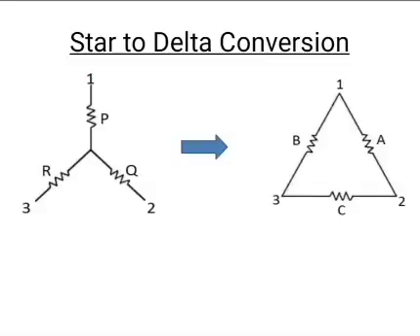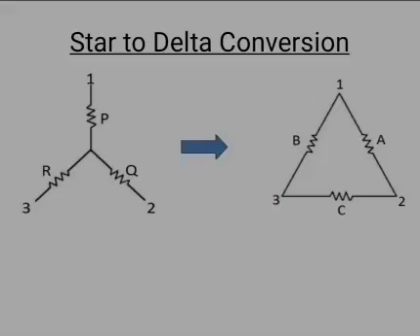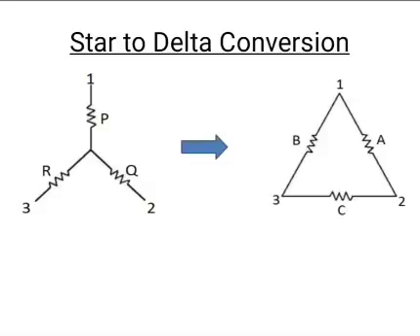Star to delta conversion. The value of the resistor on any one side of the delta network is the sum of all the two product combinations of resistors in the star network divided by the star resistor located directly opposite the delta resistance being found.